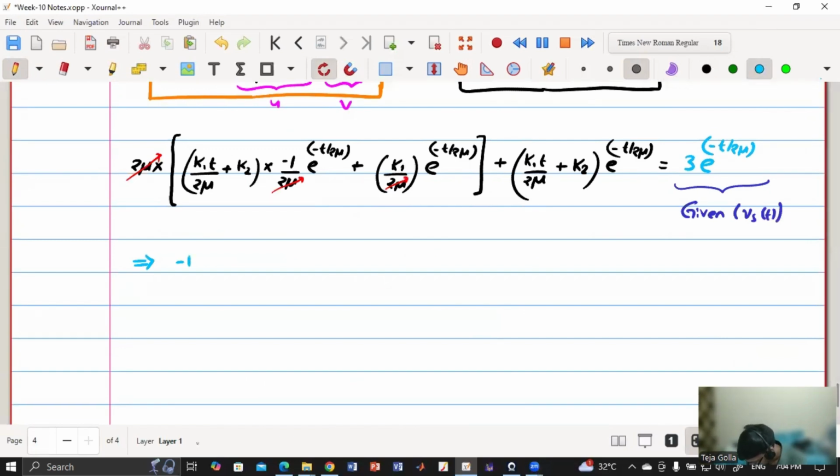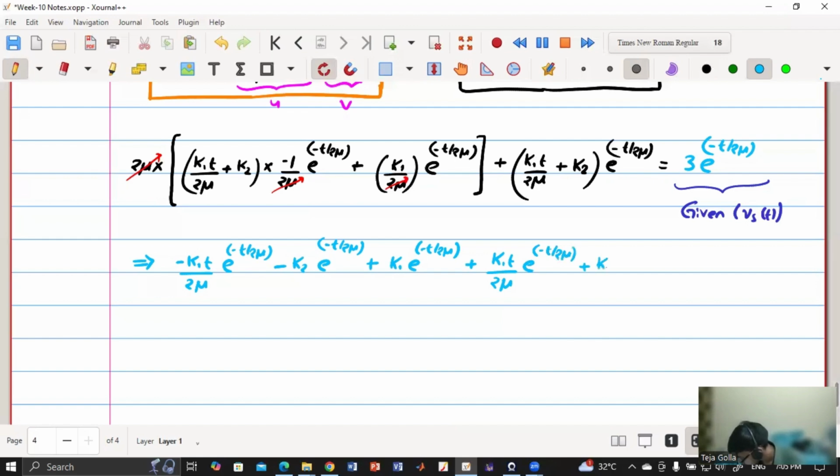So I'll get minus k1t by 2 micro into e to the power minus t by 2 micro minus k2 into e to the power minus t by 2 micro plus k1 into e to the power minus t by 2 micro plus k1t by 2 micro into e to the power minus t by 2 micro plus k2 into e to the power minus t by 2 micro is equals to 3 into e to the power minus t by 2 micro.